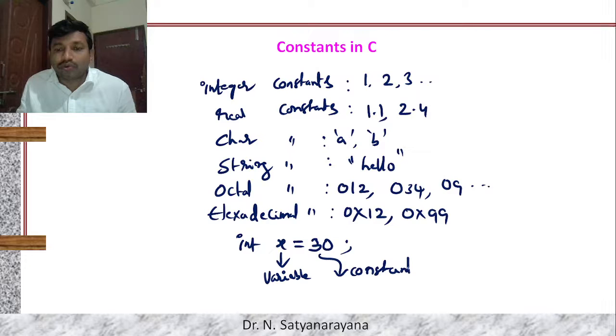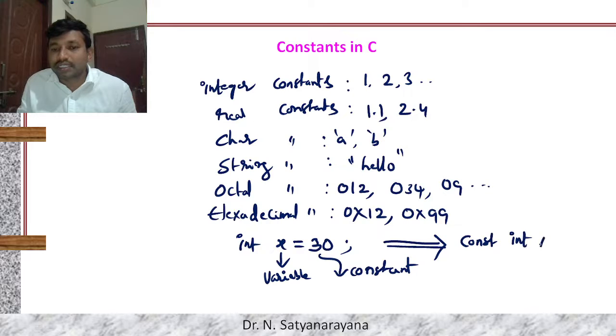And even if you want this x value not to be changed during the execution of the C program, you can keep this as a constant by using the keyword const. You can say const int x is equal to 30. Later on you cannot change the x value. If you add x is equal to x plus 10, the compiler will not accept it, saying that x has been declared as a constant. You cannot do that.